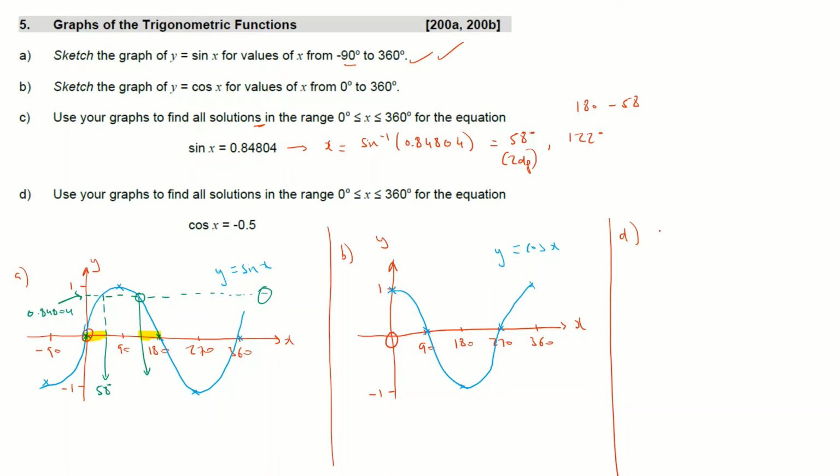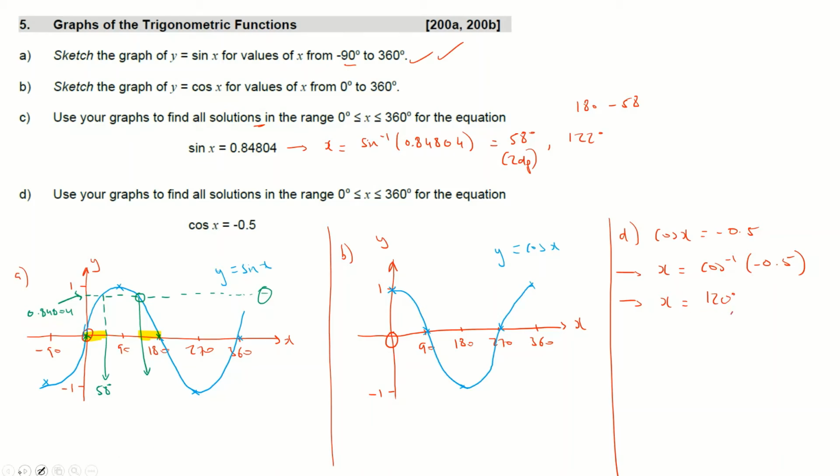So part D, I've got cosine x equals negative 0.5. Again, to find the first solution, take the inverse cos, all right? So the inverse cos of negative 0.5 is actually a nice value. It is 120 degrees.